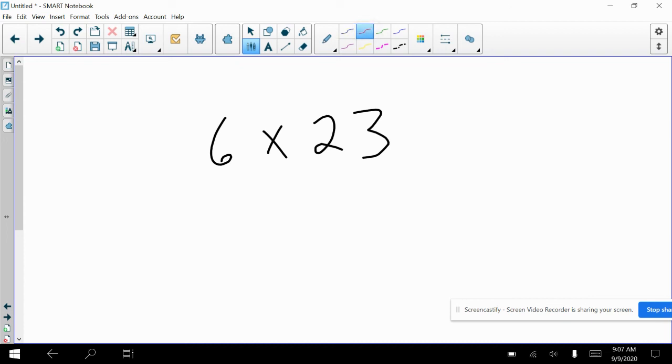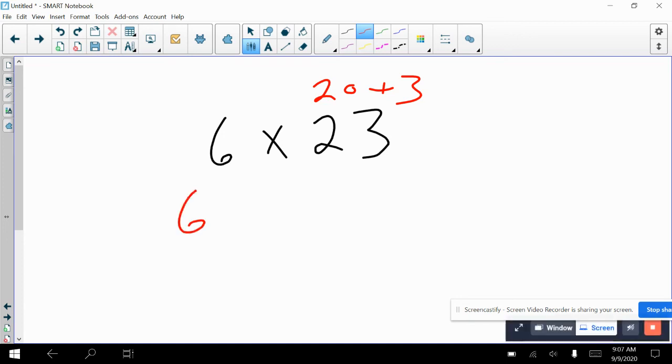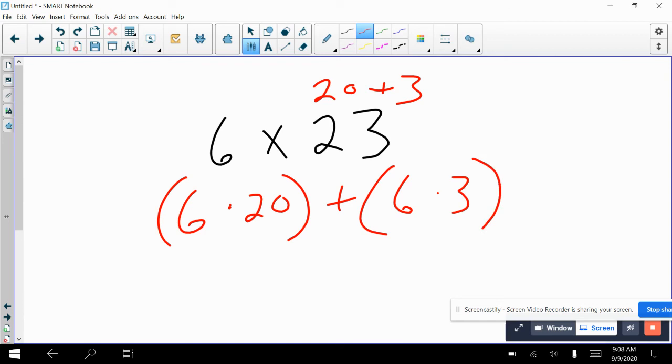Is it fair to say that 23 can look like 20 plus 3? Okay, this is the breaking apart. Right, so we would say 6 times 20 plus 6 times 3.